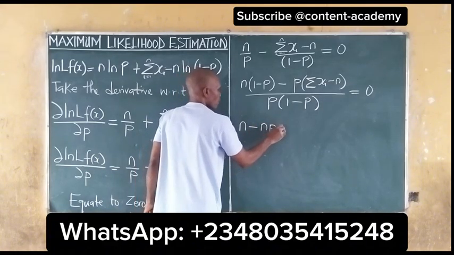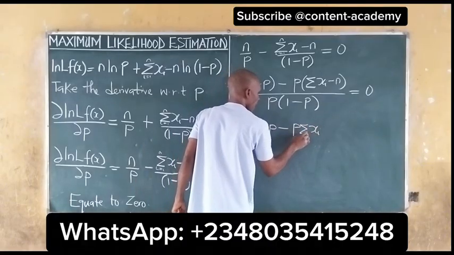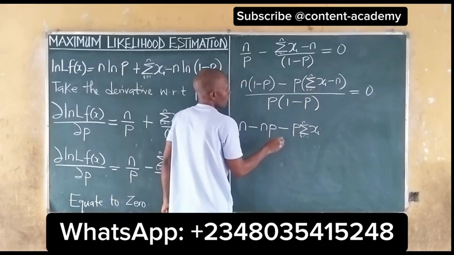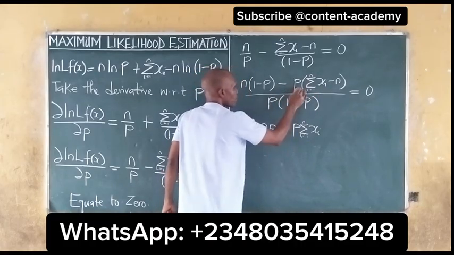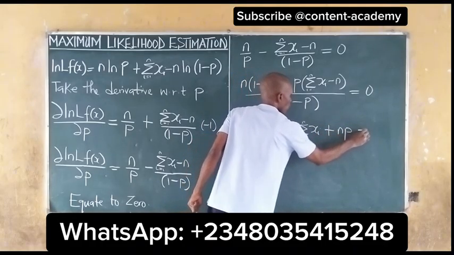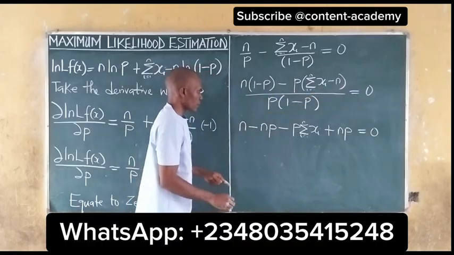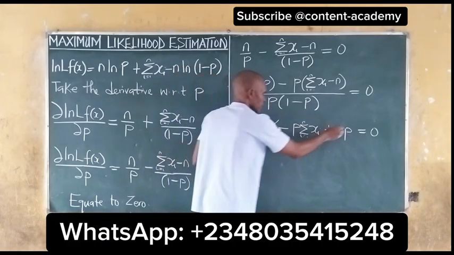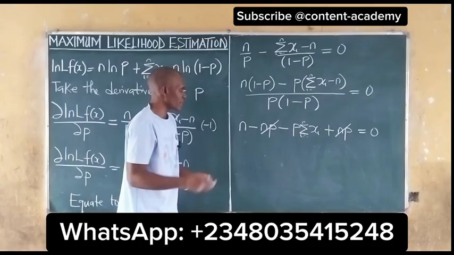np minus p summation xi, as i running from 1 to n, and this multiplied by this, negative p multiplied by negative n, we get plus np to be equal to 0. Now, we can cancel this because negative np plus np is 0.